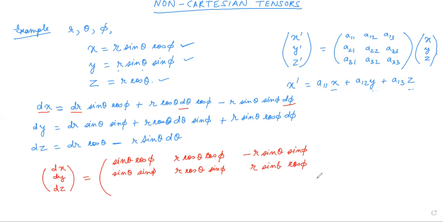Sorry, this is not sine, this is cos phi. Thank you for the correction. And for the last line, we have cos theta, minus r sine theta, and 0. This is multiplied by dr, d theta, d phi.